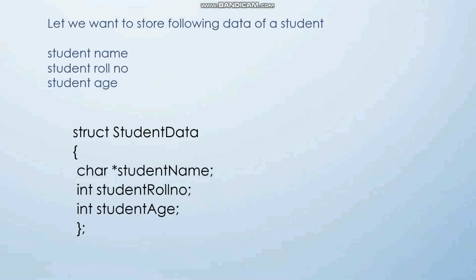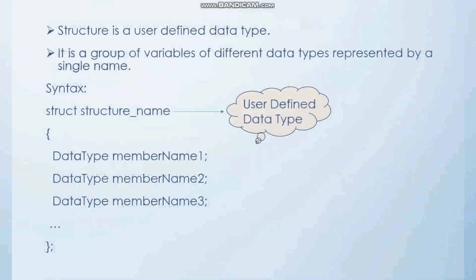So now we can say that a structure is a collection of variables of different data types, a group of variables of different data types represented by a single name.